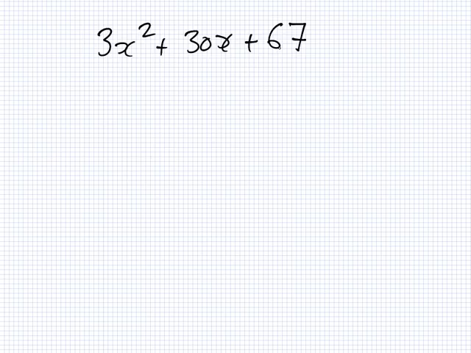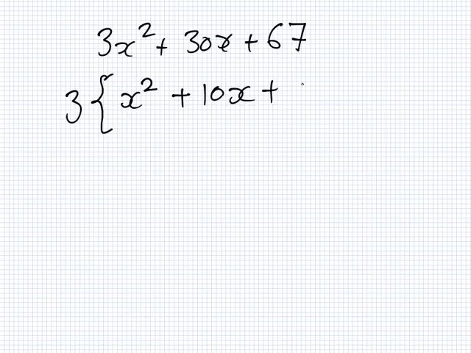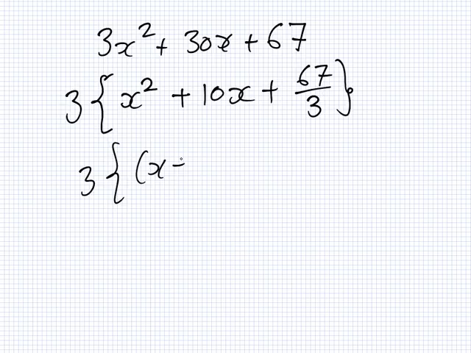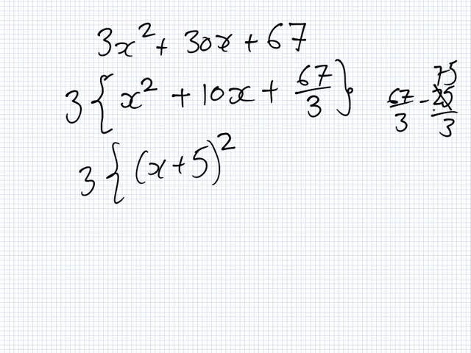So that's 3 times x squared plus 10x plus 67 over 3. 3 times x plus 5 squared, and then we have 67 over 3 minus 25, which is 75 over 3, so minus 8 over 3.